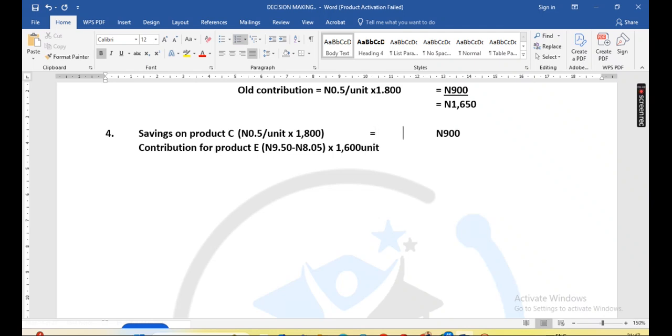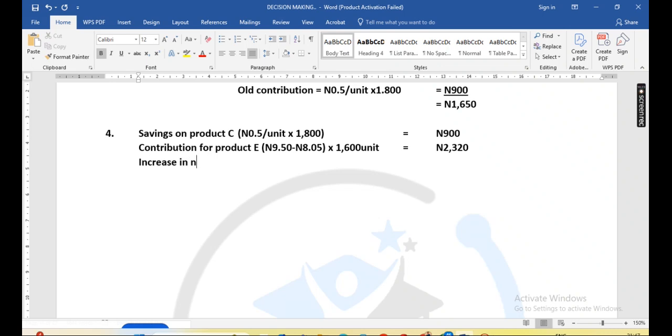So what is the total contribution? 2,320 naira. So what is the total increase in profits?